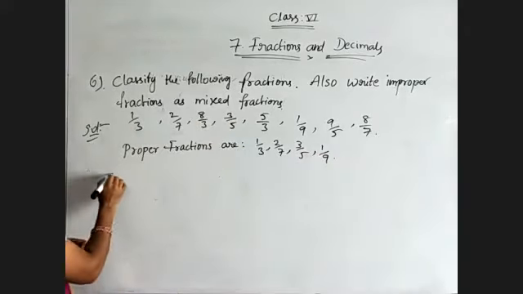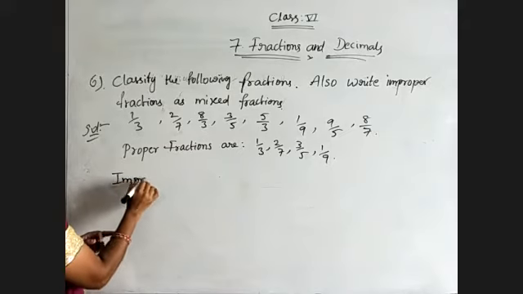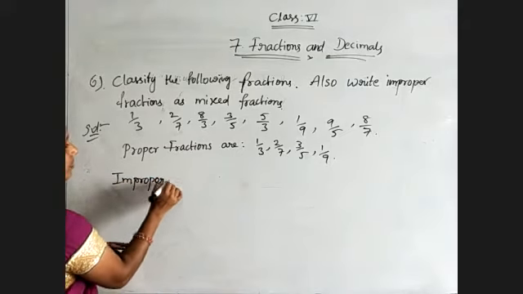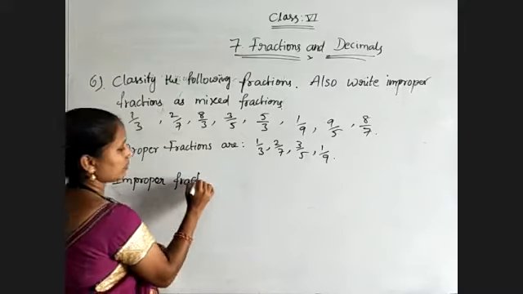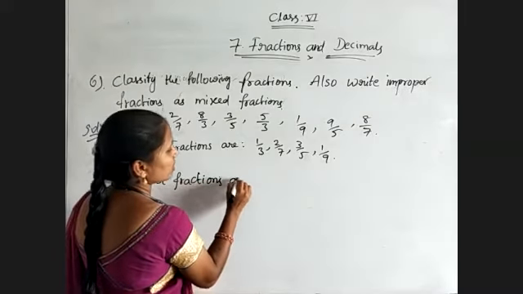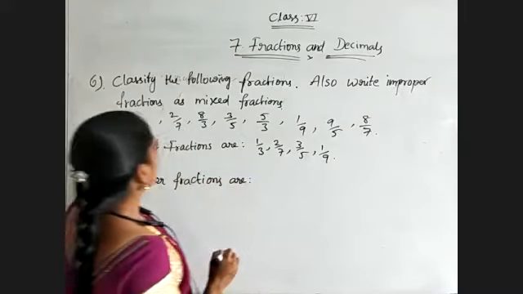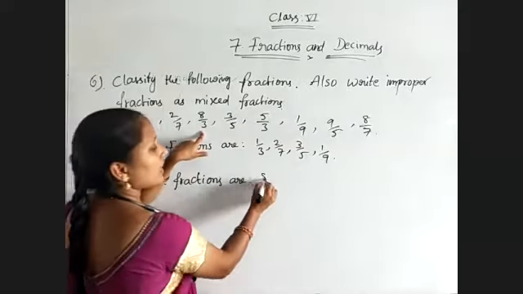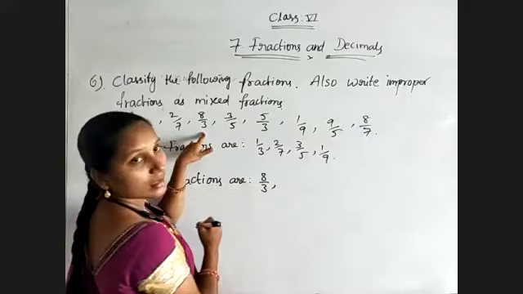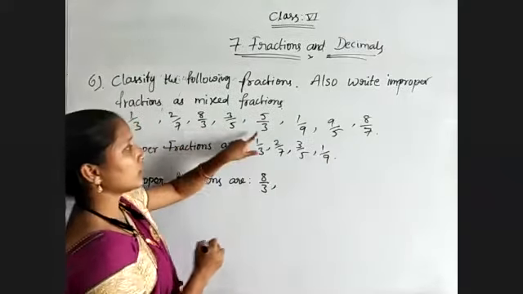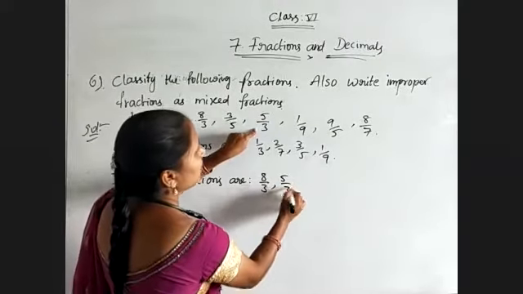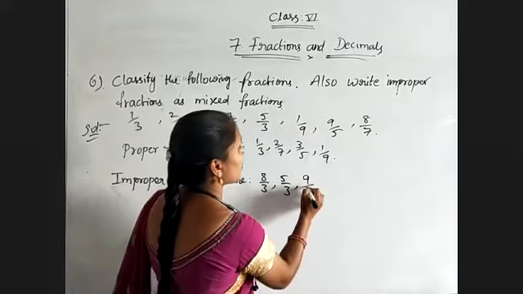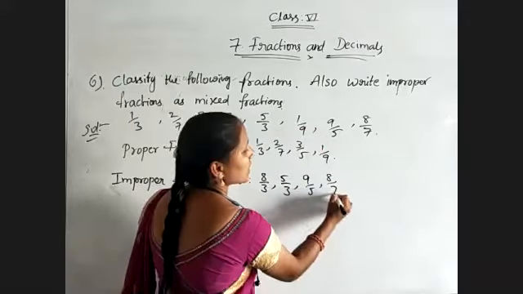Remaining all are improper fractions. Improper fractions are 8 by 3 because denominator is lesser than the numerator, 5 by 3 is improper, 9 by 5 is improper, 8 by 7 is improper.